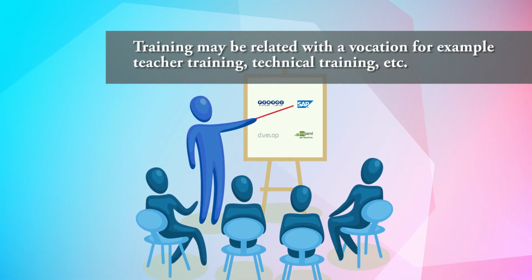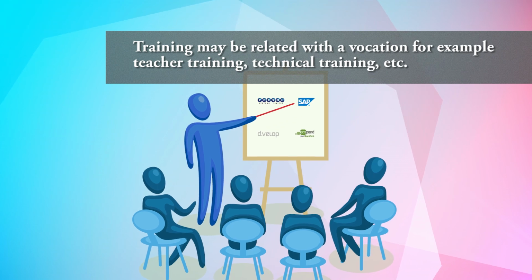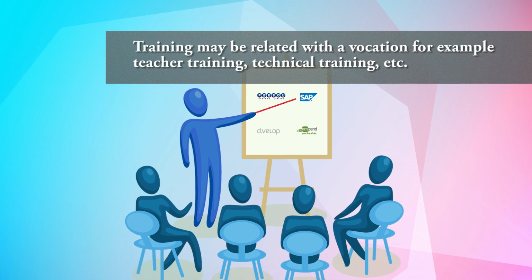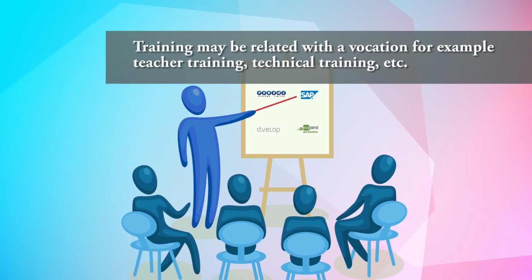Then training may be related with a vocation. For example, teacher training, technical training, etc. Let teacher training be an example. Let you are pursuing a teacher education program, it may be a diploma in elementary education or a bachelor in education.